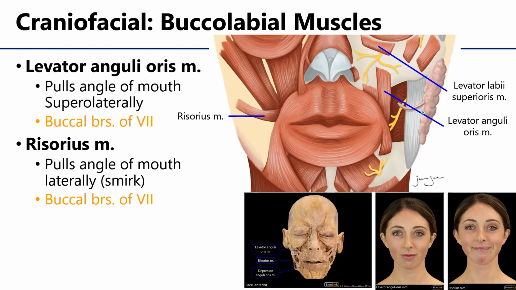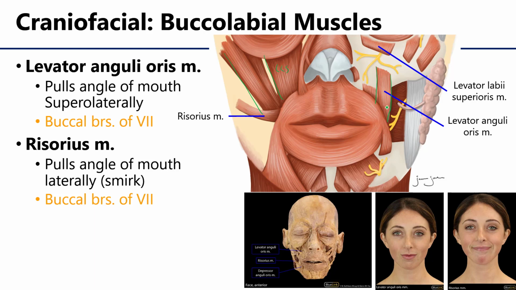So moving right along, we've got more buccolabial muscles. So imagine that we are deep to the zygomaticus muscles, and even deep in part to levator labii superioris muscle. Well, we have levator anguli oris.